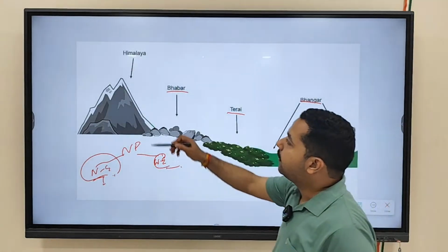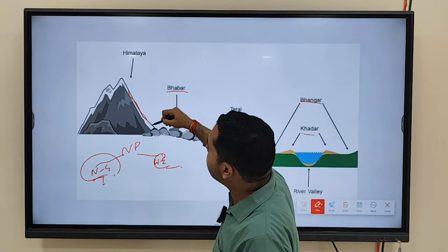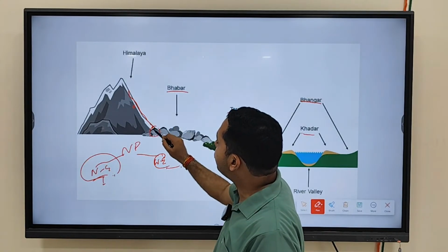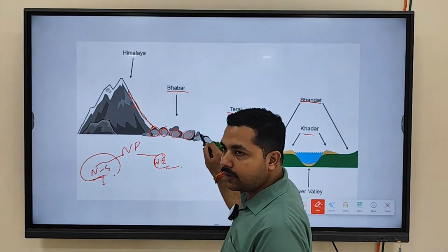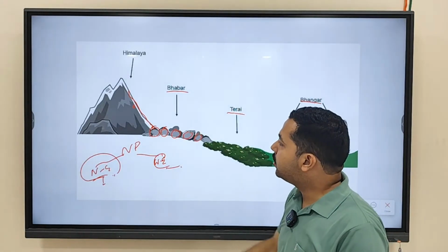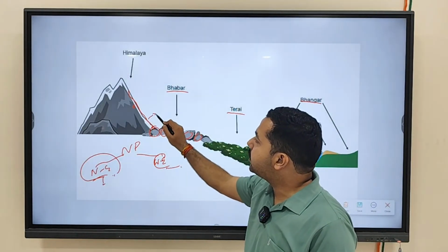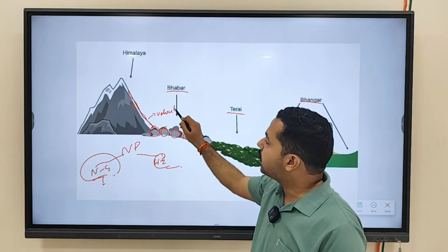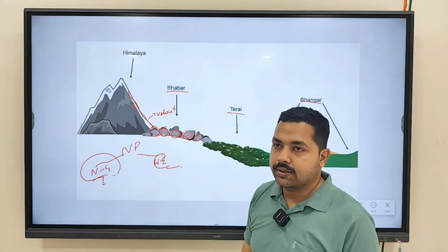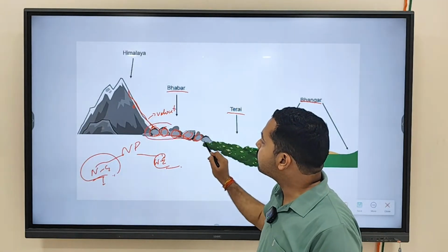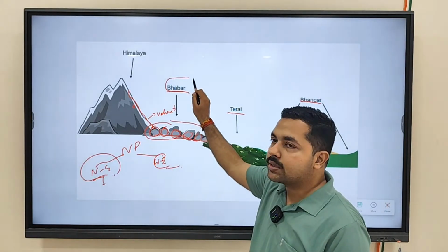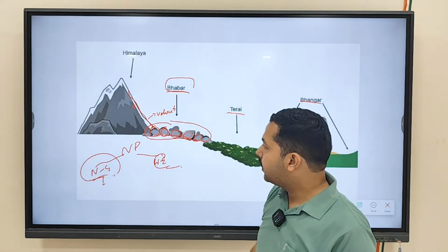So let's say when rivers come and fall like this, the river will be containing a lot of big boulders. Now its velocity reduces when it comes into the planar areas. So they will deposit these boulders over here, and this boulder region is referred to as Bhabar.